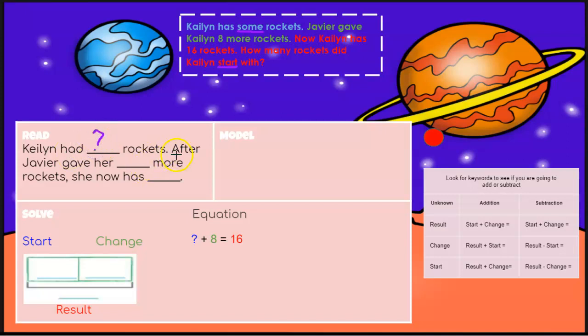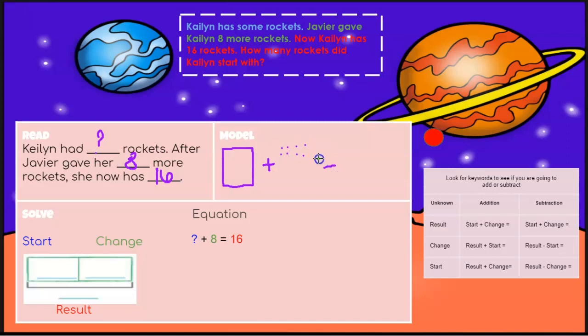Some. After Javier gave her 8 more rockets, now she has 16. So now we're going to model. We started with some amount. We don't know how many. Now they gave us 8 more: 1, 2, 3, 4, 5, 6, 7, 8.